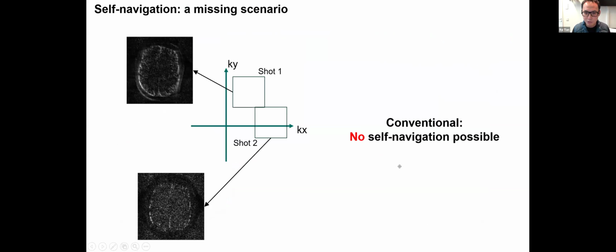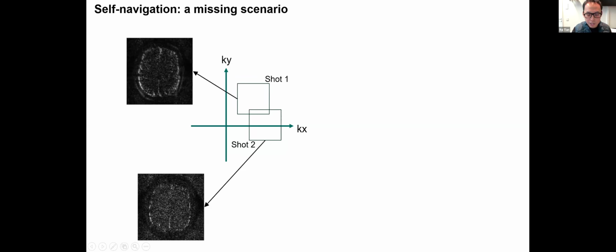Conventionally, people might assume that no self-navigation is possible because those are just some edge images of high frequency. However, the K-space information for these sidebands is high frequency, but the shot-to-shot phase variation in K-space, which is like a shift-invariant kernel, is low frequency, convolved everywhere.